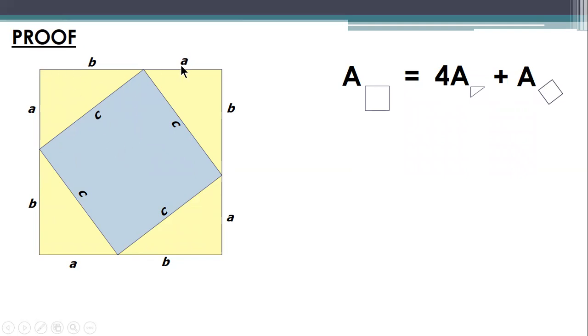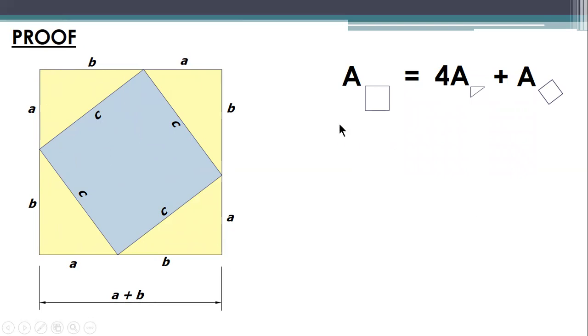So the area of the bigger square is equal to the area of the triangle times 4 plus the area of the smaller square. For the bigger square, the length of the side is a plus b.